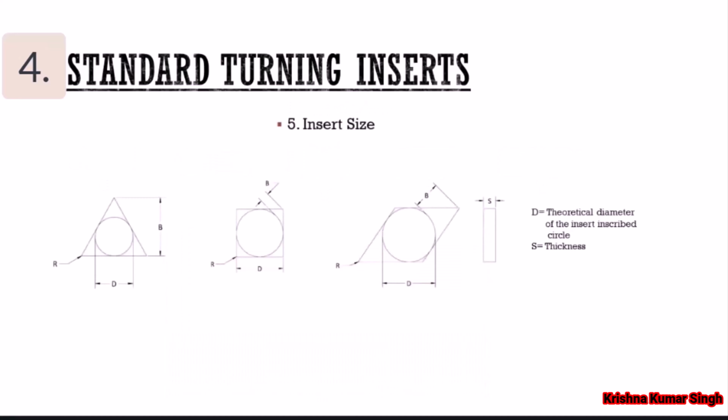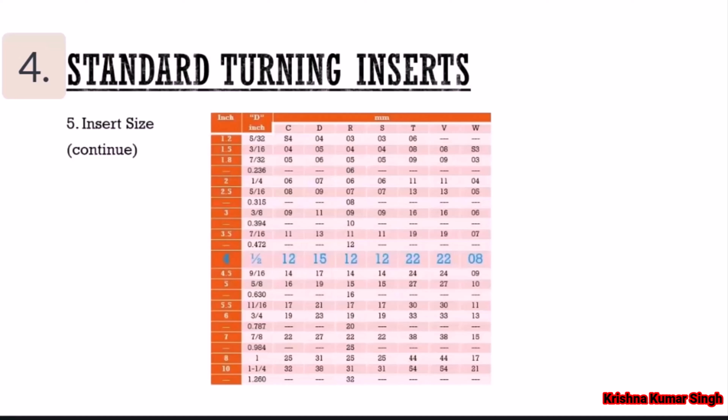The fifth component of the insert code represents the size of the insert. D represents the theoretical diameter of the insert's inscribed circle. The table shown here displays the relationship between inch and millimeter coding and how they are determined based on the insert's inscribed circle diameter.